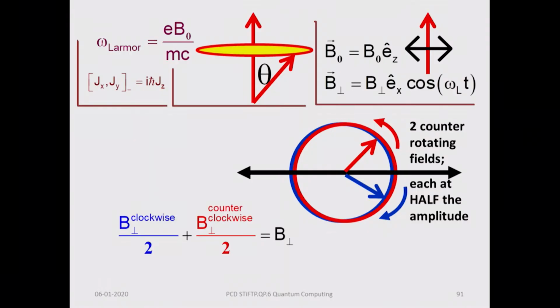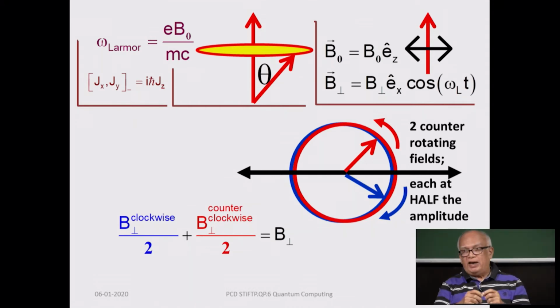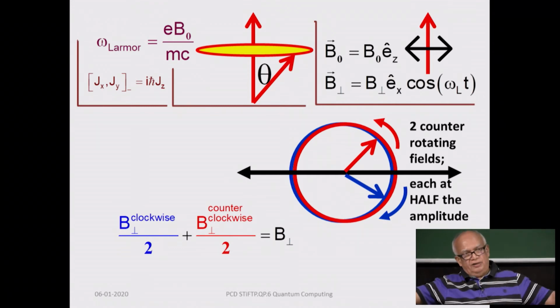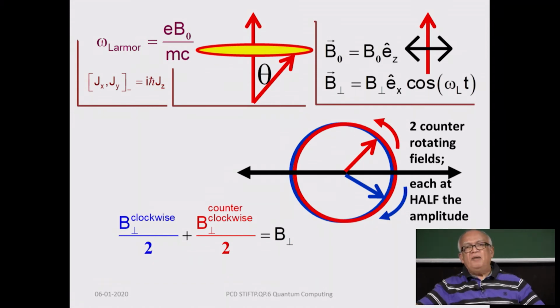So, the picture of the oscillatory field: you have got an oscillatory field which is polarized along the x axis, which is represented by this black arrow. It goes from one end to the other, like the cosine function from +1 to -1, right. But I can break it into two rotating fields of half the amplitude rotating in opposite directions, one clockwise and the other anti-clockwise.